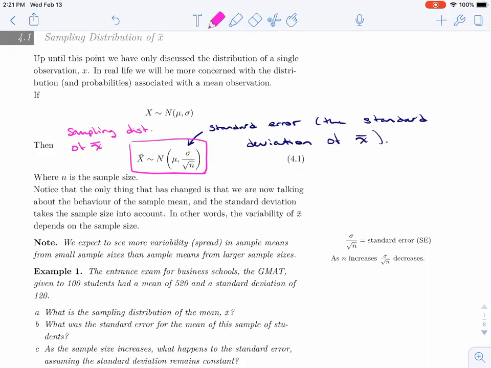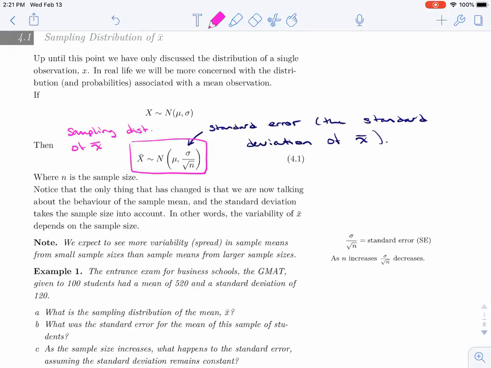And so here we're taking into account the sample size. If I take a sample of size 10 and calculate their average, and then take a sample of 20, which might be almost all of us, that average is going to be closer to the average of all of us together.